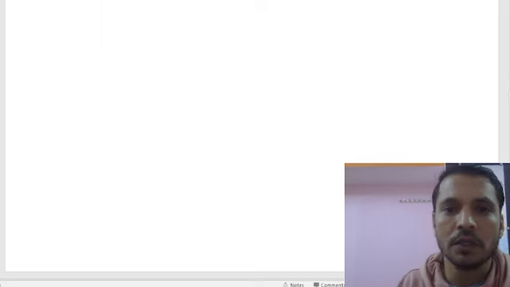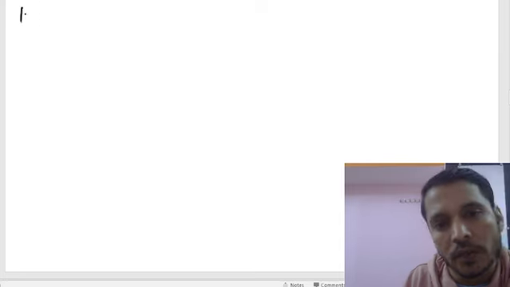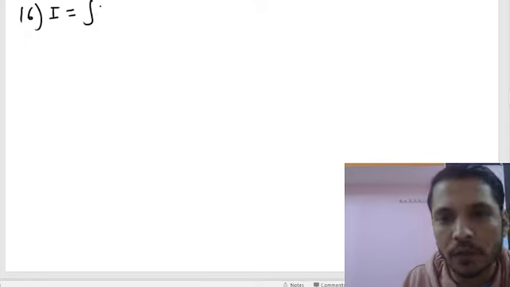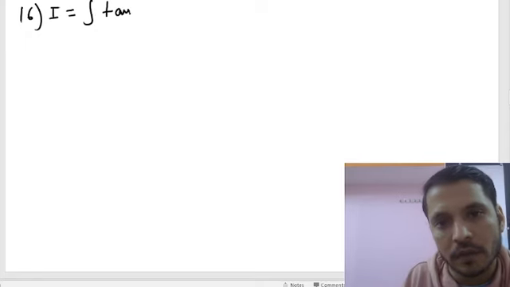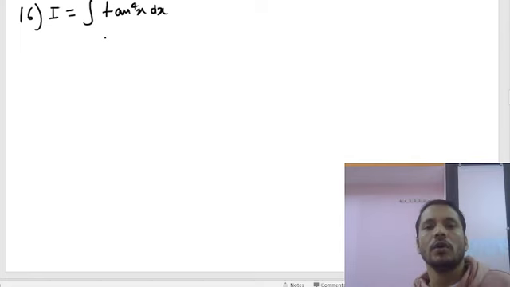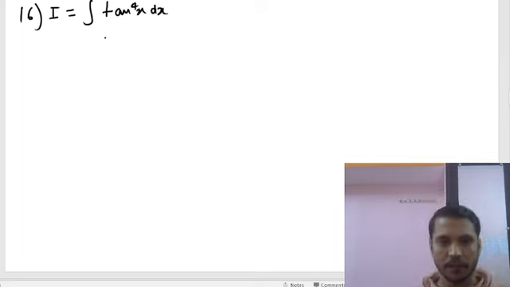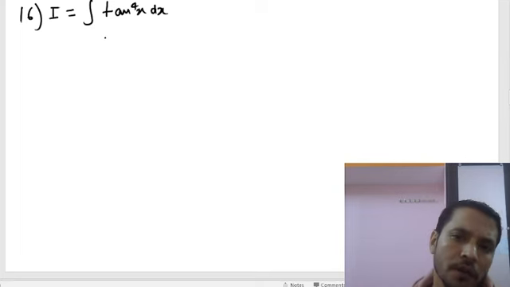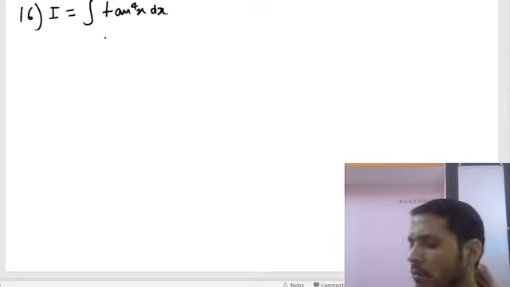Now we'll move to question number 16. In question 16, I is equal to the integration of tan to the power 4 x. So how can we integrate it? Here we have been given the power 4, so again we can reduce the power. How?